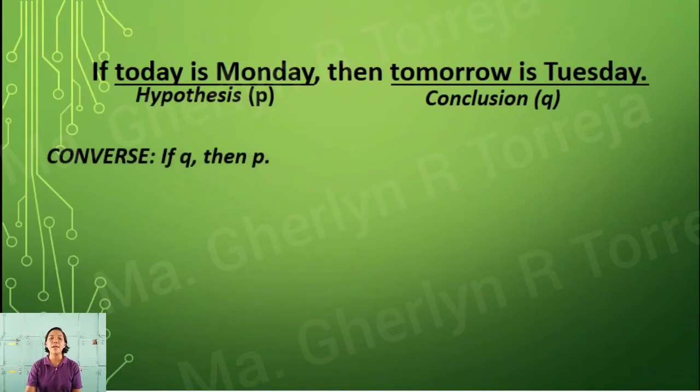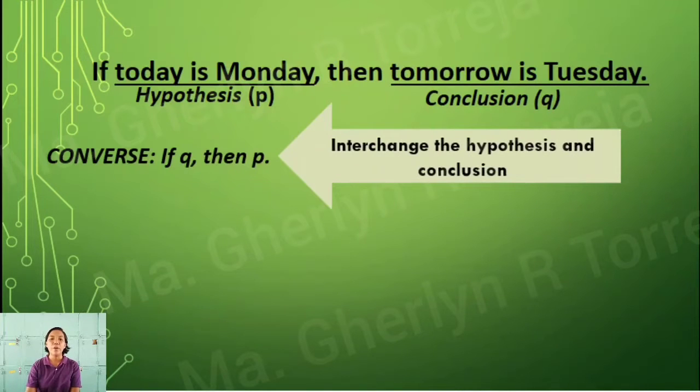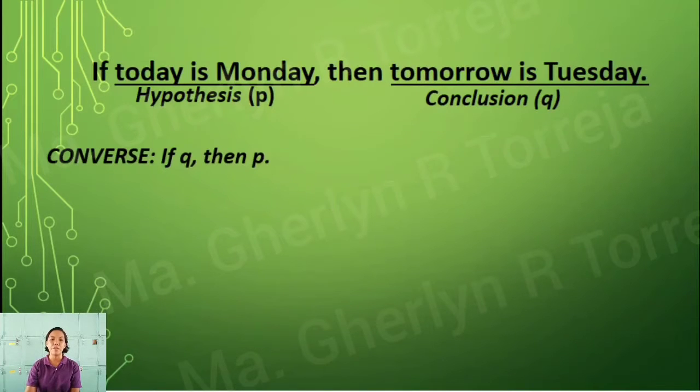Okay, let us now identify and determine the converse. When we say converse, if Q, then P, or we are going to interchange the hypothesis and the conclusion in our conditional statement. So we have if, okay, yung Q natin mapupunta sa unahan.